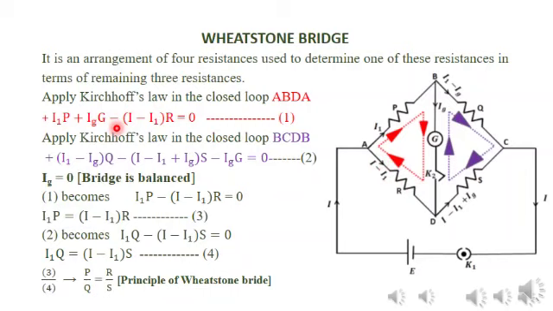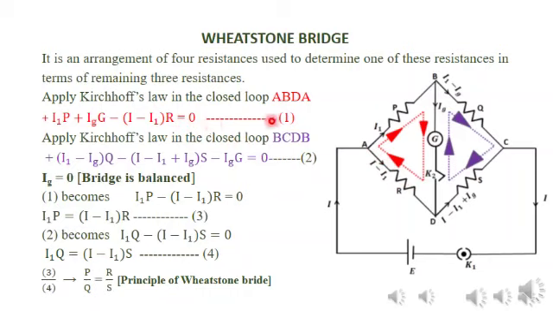And since the current I minus I1 flows through resistance R, the product is I minus I1 into R. Since there is no cell in this loop, the right side of the equation is 0.